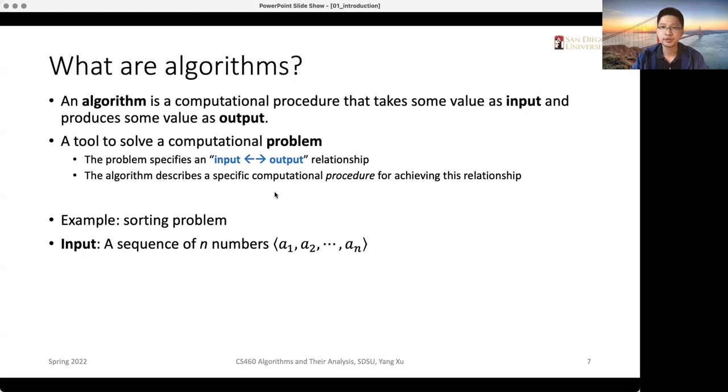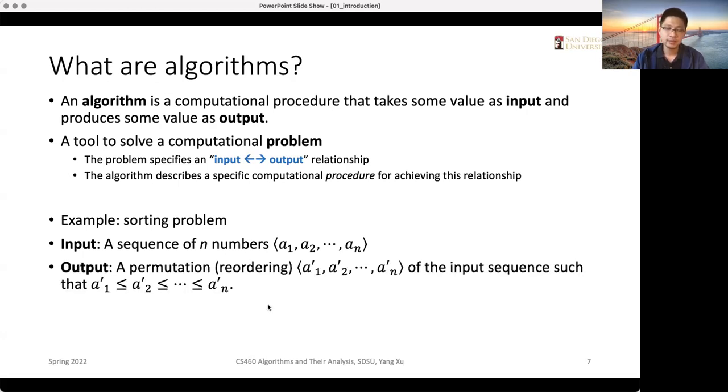We want to compare each pair of them. The output we wish to obtain is a permutation of the original sequence, which means we change the order of the same elements in the input sequence so that the outputs are in order.